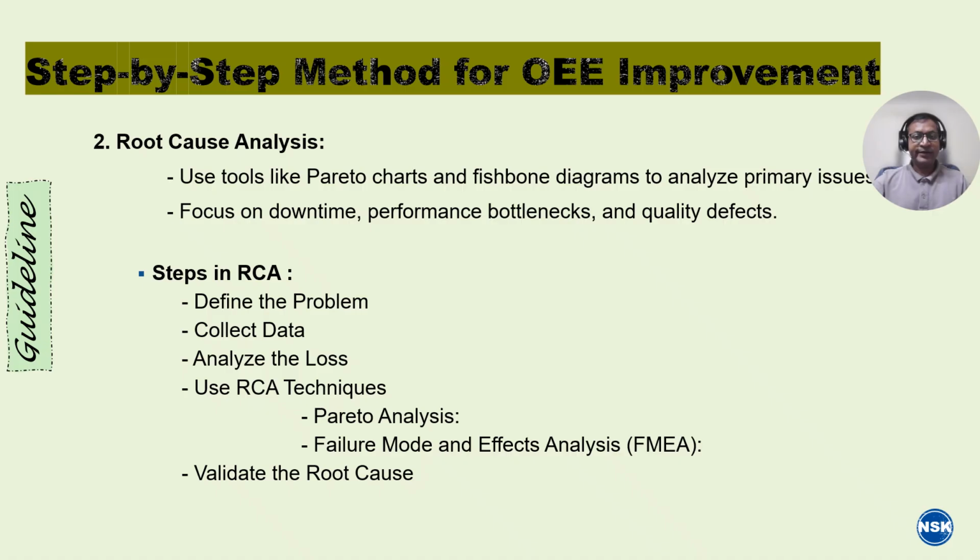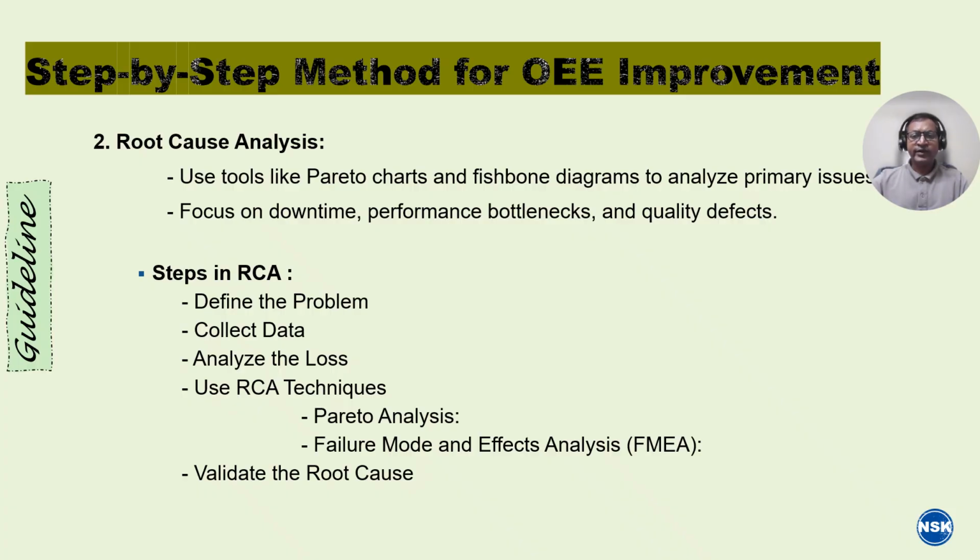Second, collect data. Gather detailed information about the issue, such as frequency and duration of downtime, speed variations or slowdowns, and types and causes of defects. Use automated systems, operator logs, and maintenance records for accuracy. Third one is analyze the loss.